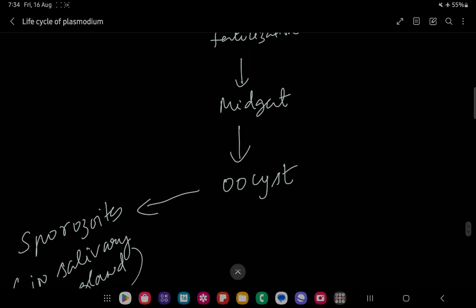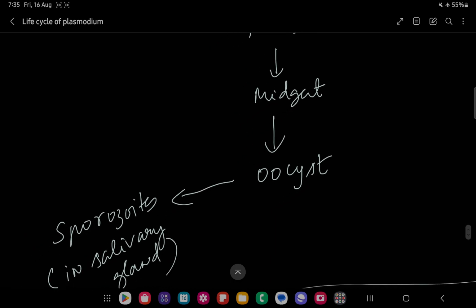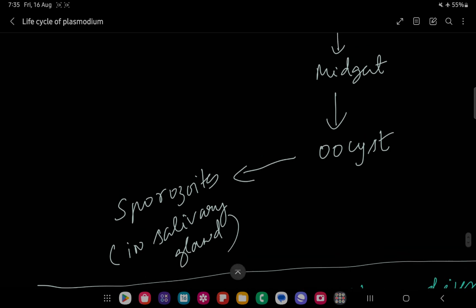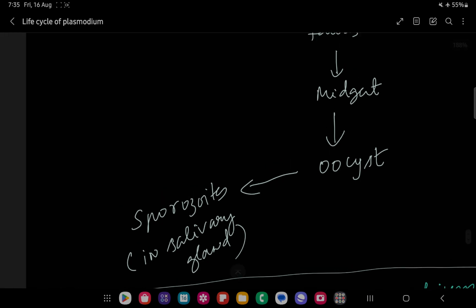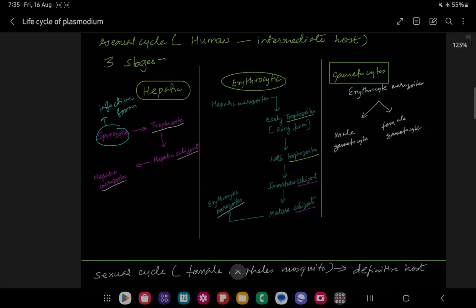In the midgut it is converted to an oocyst, and from here it travels to the salivary gland and is converted into sporozoites. Now this sporozoite is present in the salivary gland. This mosquito will bite another healthy person and release the sporozoites, and this sequence will continue.